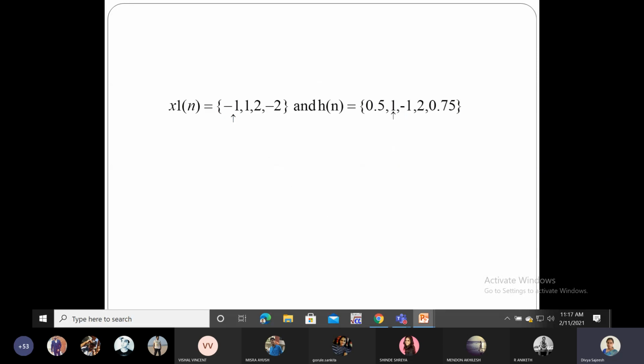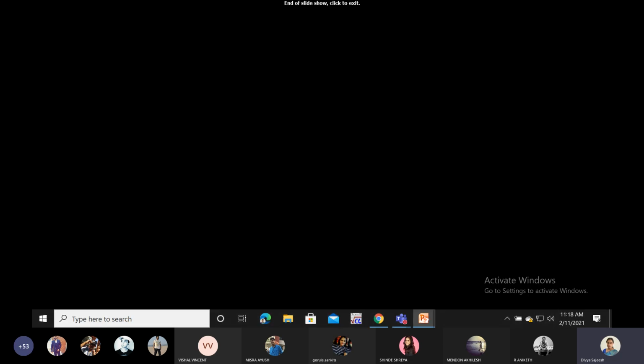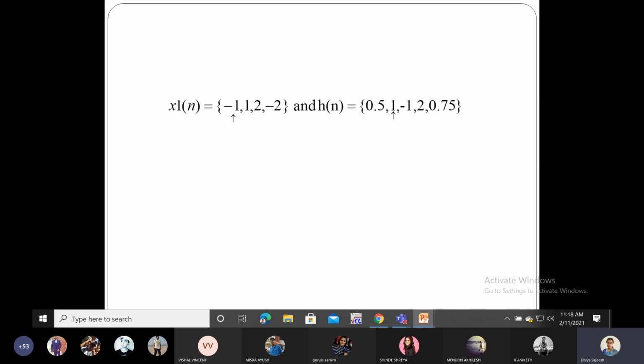Okay. We'll stop it. We will take the case with a different number of samples, the one which you have solved for the test. There is some difference there. You have to change it to 8 samples, because here 5 samples are there and here 4, so they are not equal.